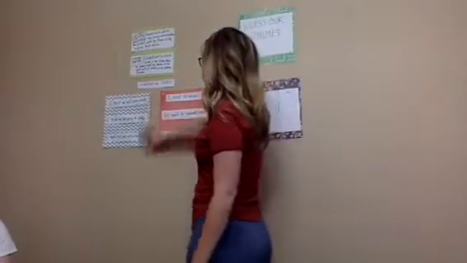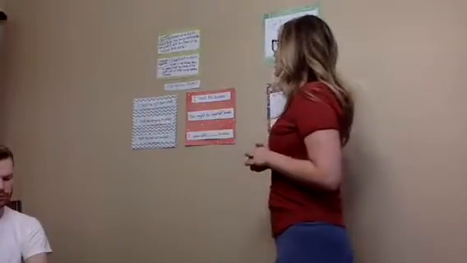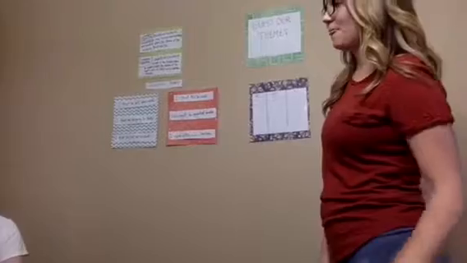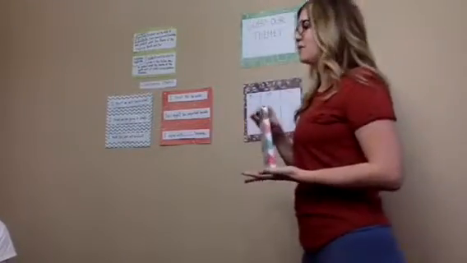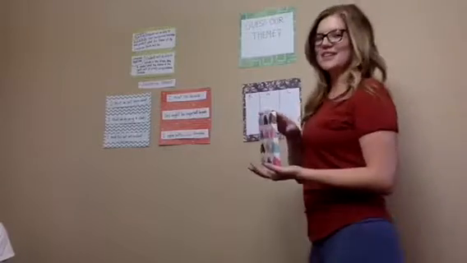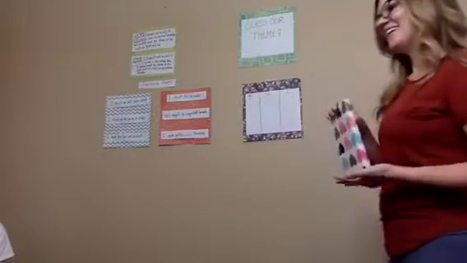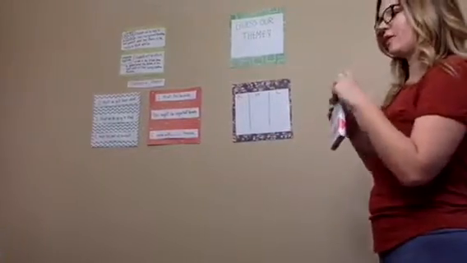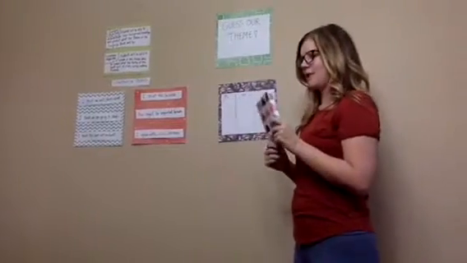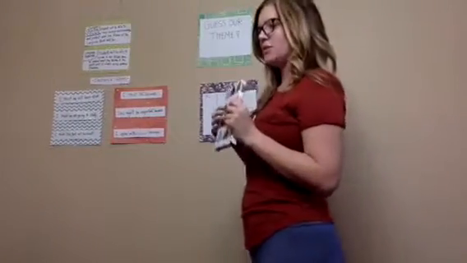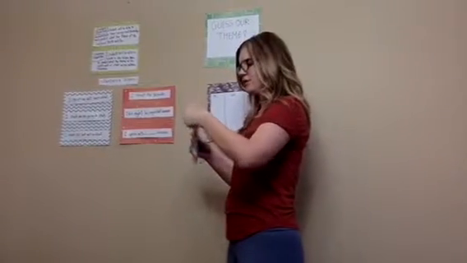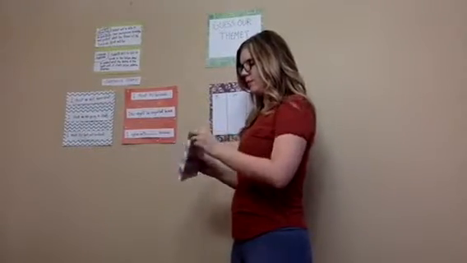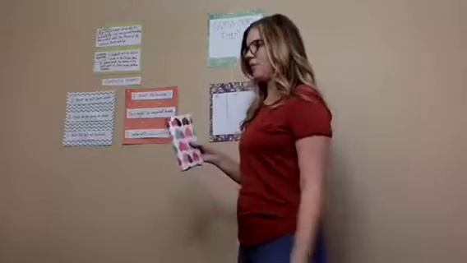Here are our sentence stems that you guys will use while we are working through our next part of the lesson. So this is our surprise book. We haven't done this before. This is a book for our next novel study that I wrapped in wrapping paper. What you guys are going to do is rip off, like so, a little bitty piece of the wrapping paper, okay?